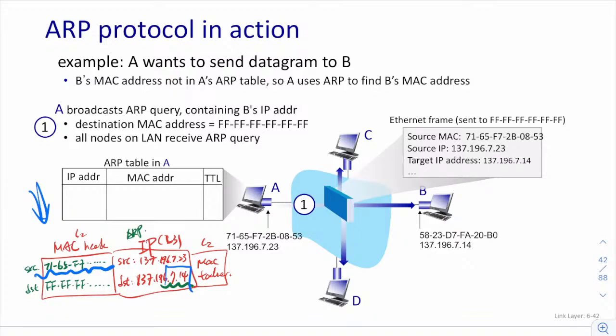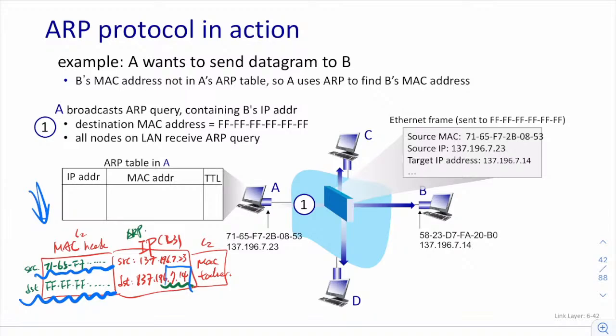Right here, because A does not know B's MAC address, this is very important: A simply uses FF:FF:FF:FF:FF:FF as the destination MAC address in this ARP query.